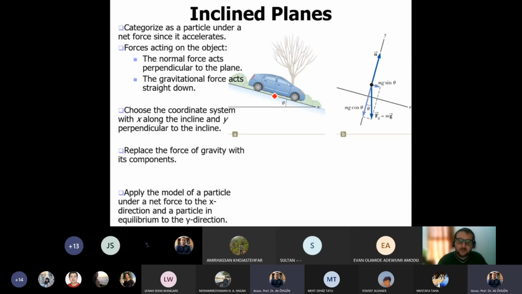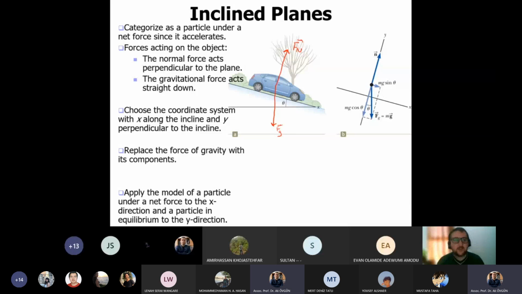So for example, if the object is on an inclined plane with some angle theta, the normal force is perpendicular to the surface, like that. And the gravitational force is directly straight down, like that. So here you can see that they are not on the same line.